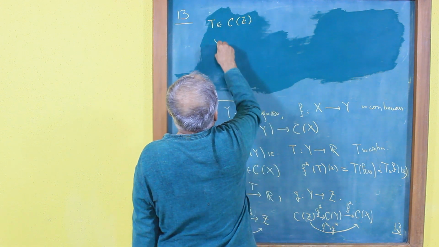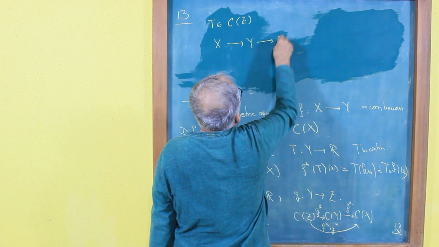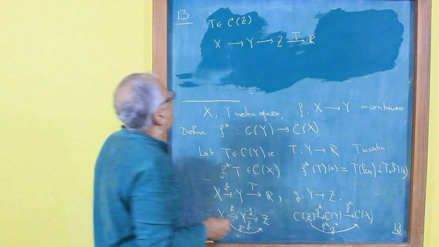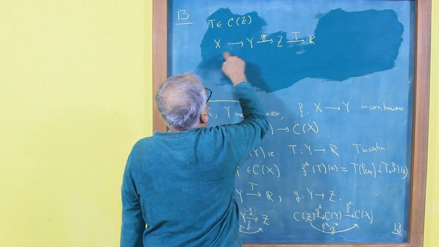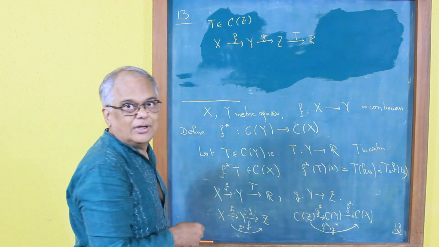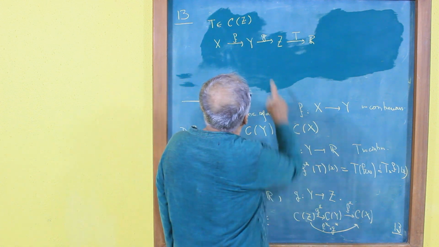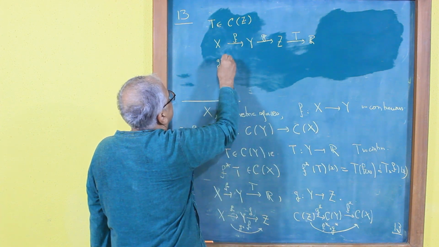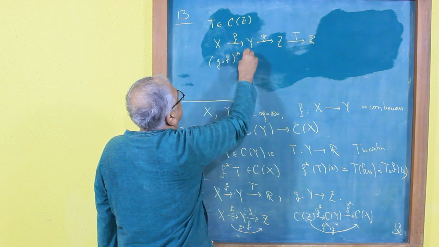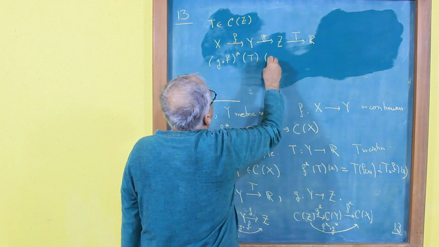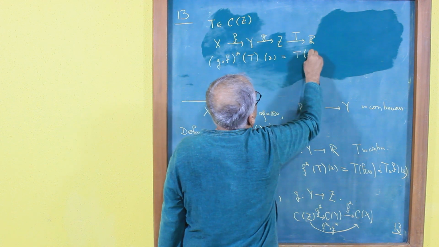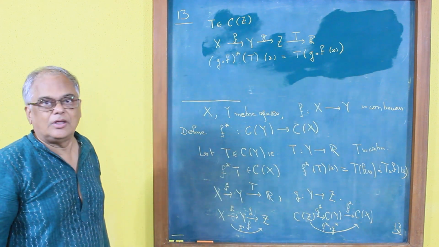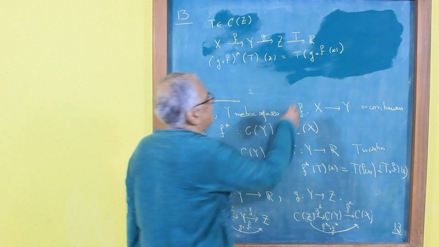So we have X, Y to Z we have G, and X to Y we have F, and T from Z. And all that we are doing here, G composed with F star, is just the composition. And what is G composed with F at X?